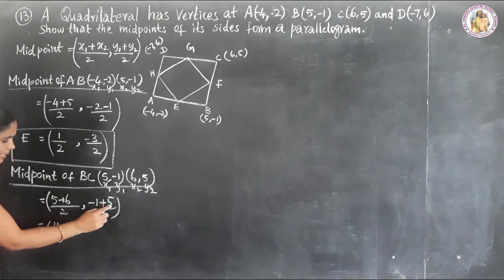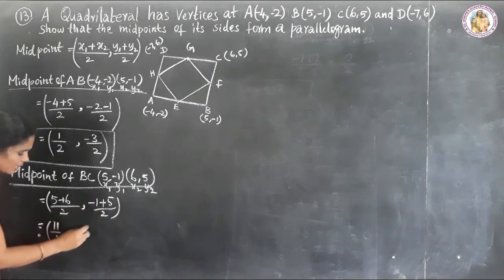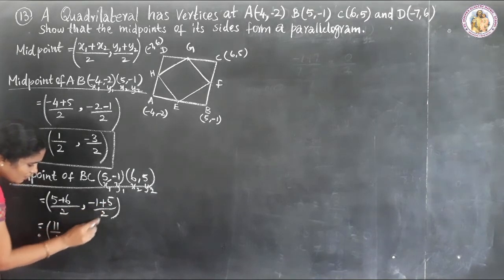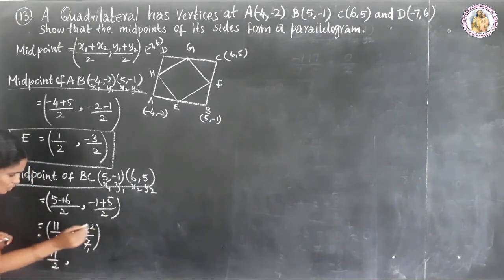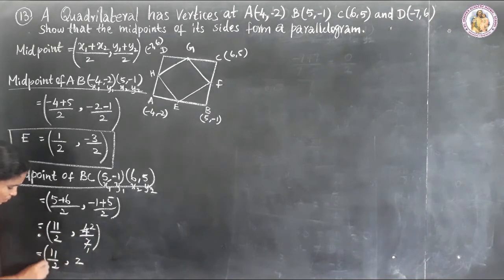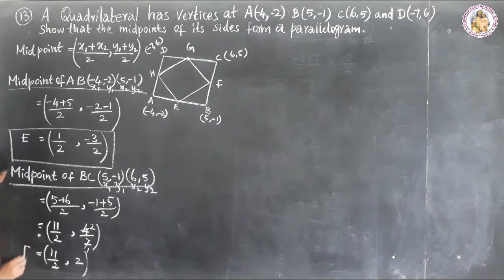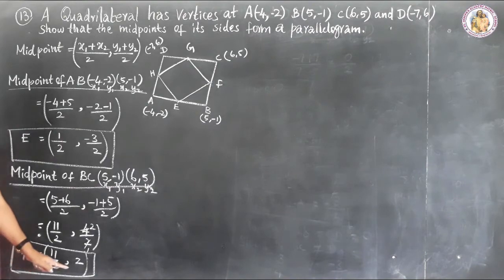Then different sign, plus 5 minus 1 is 4, divided by 2. So 11 by 2 comma 2. The midpoint of BC is F, so F is equal to 11 by 2 comma 2.